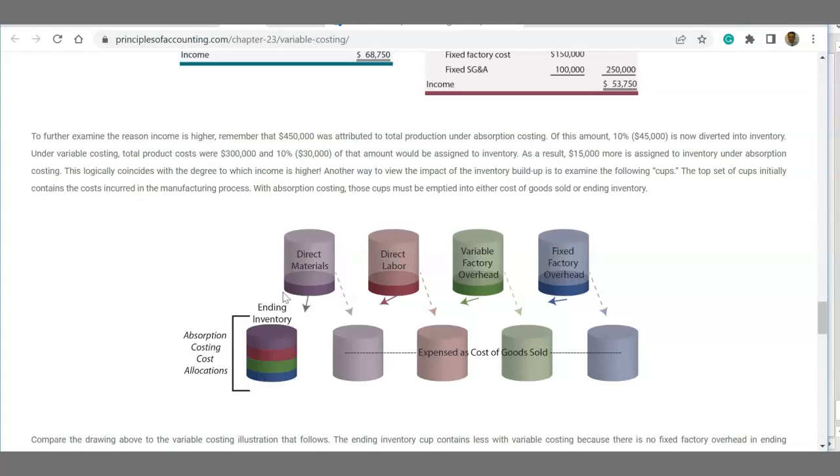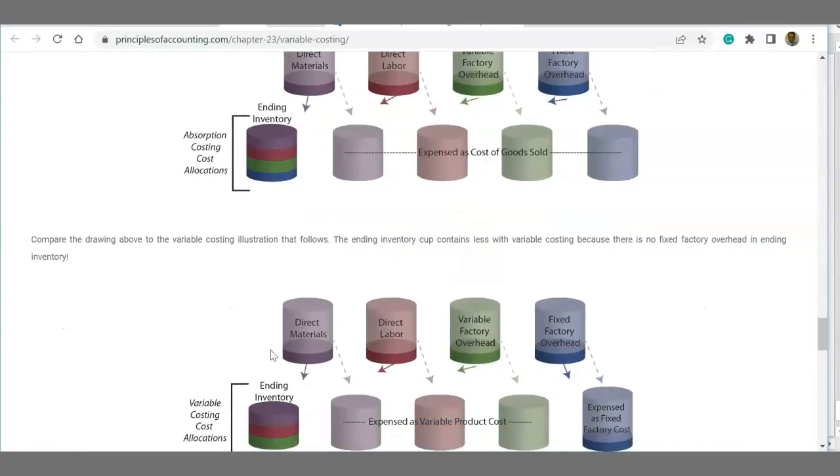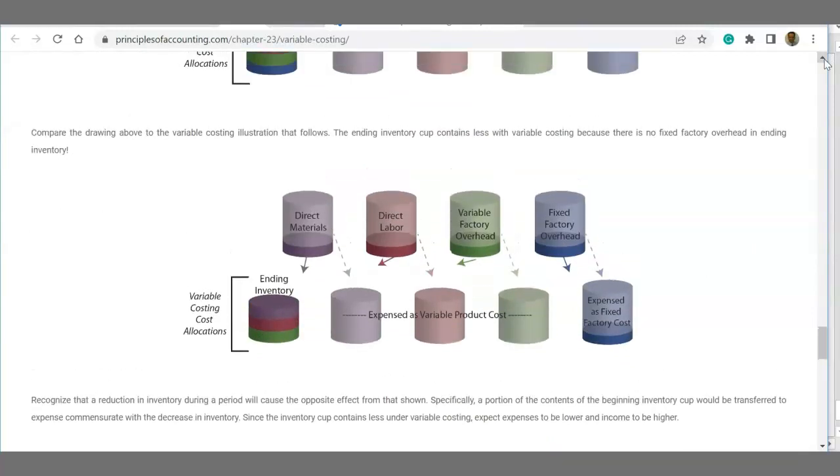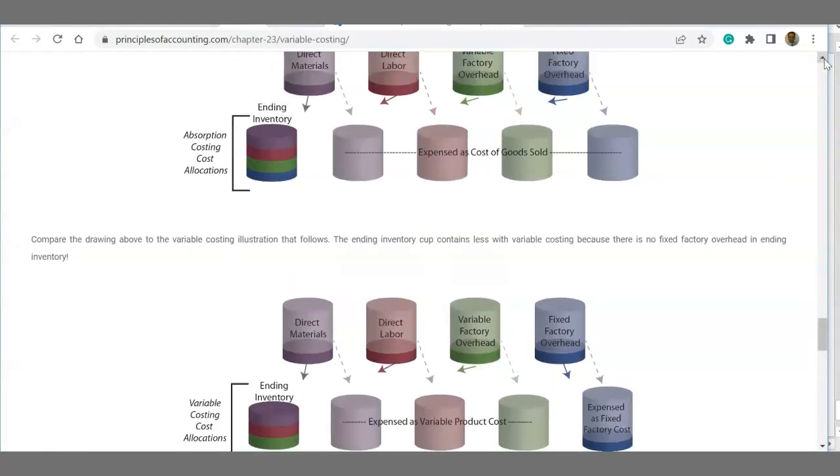So under absorption costing, if you produce more and you sell less, your ending inventory is bigger, as you see here. But under variable costing, if you produce more and you sell less, then your ending inventory is smaller. As you see here, the ending inventory under variable costing is just direct material, direct labor, and variable overhead.